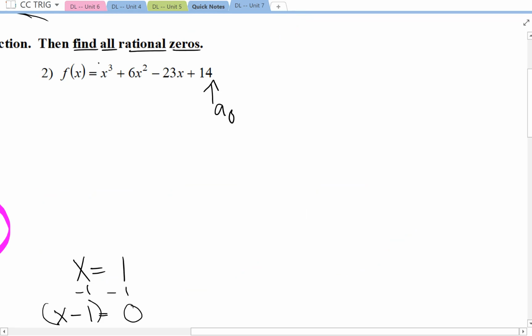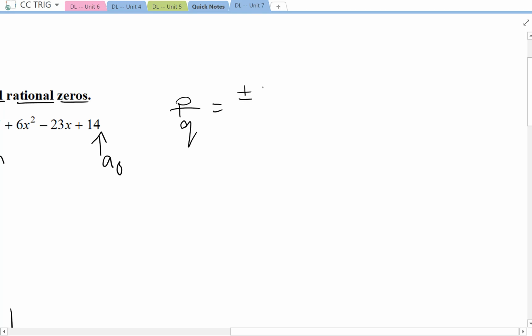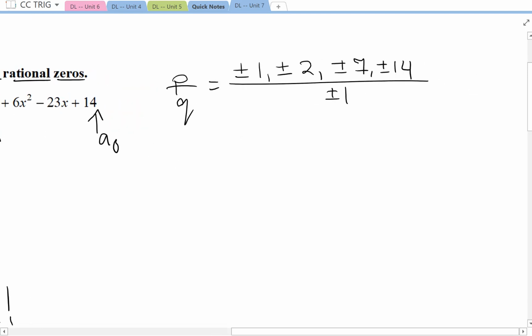14 is a sub 0, and the coefficient here, which is 1, is a sub n. So p over q, the factors of a sub 0 are plus or minus 1, plus or minus 2, not 3, not 4, okay, only 7 and 14. And the factors of a sub n are just plus or minus 1.